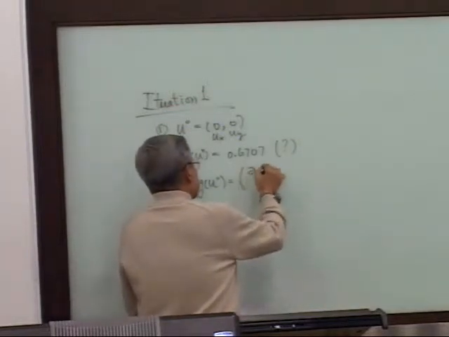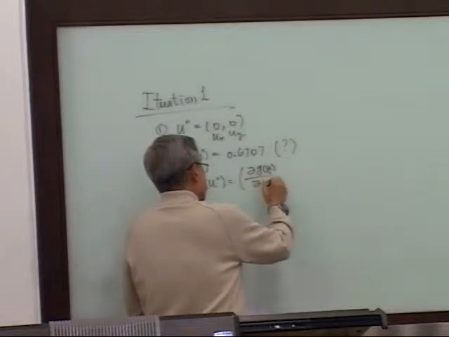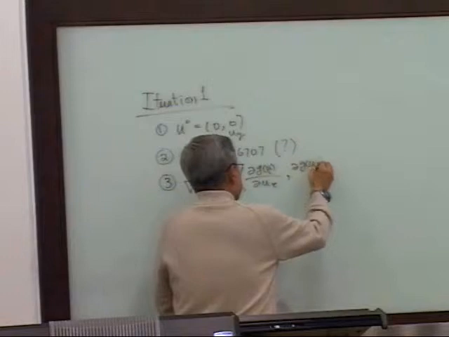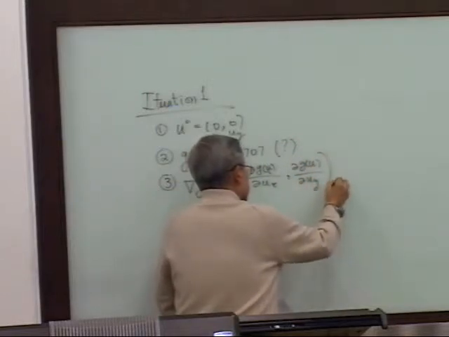So this is delta G(U), delta Ux, delta Gu, delta Uy, at U naught.